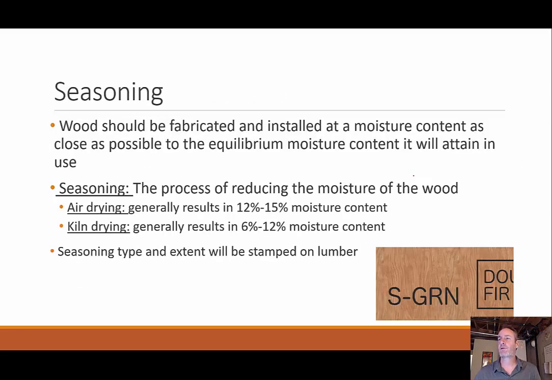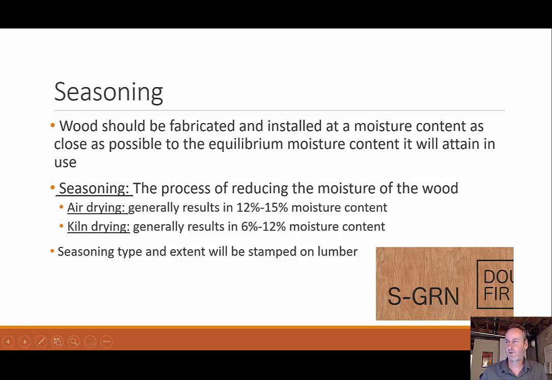So speaking of seasoning, that process where you let your moisture content acclimate, you want it to be as close as possible to its intended use. Meaning if you're going to be in a dry environment, you want your moisture content to be very dry before you install this lumber, so you don't have these changes in size, or you don't have the shrinking and swelling. Everything will be exactly where it is.